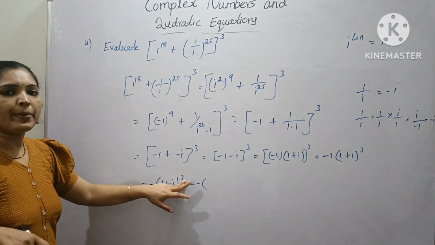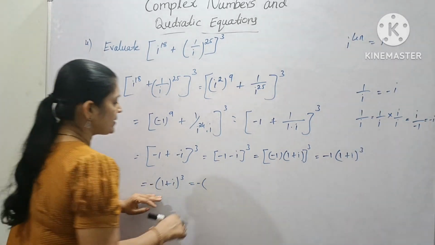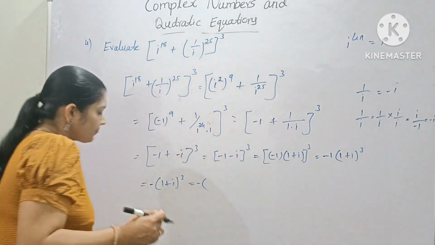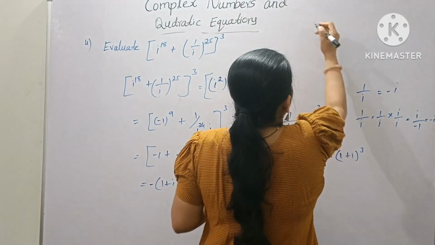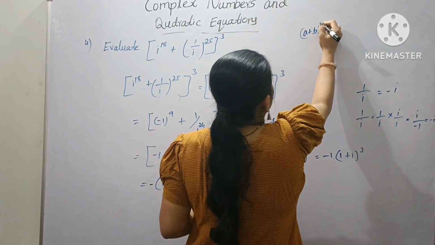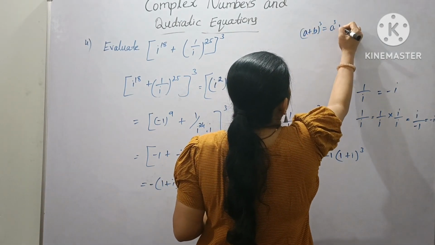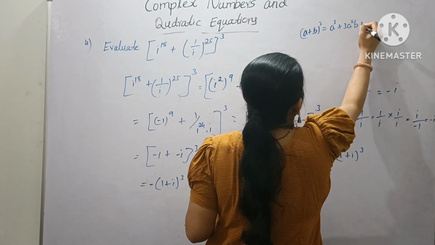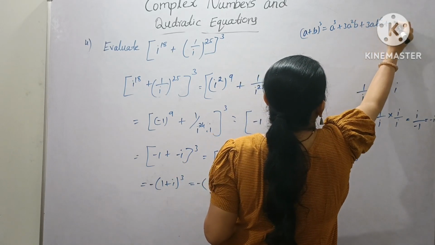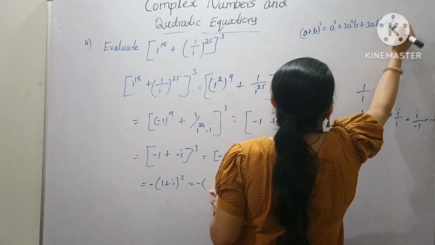Apply the formula (a + b) whole cube. That is, (a + b)³ is nothing but a³ + 3a²b + 3ab² + b³.